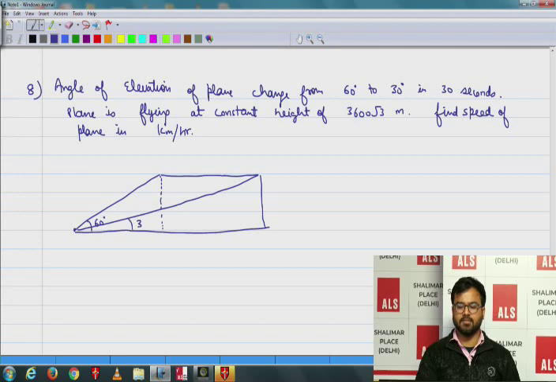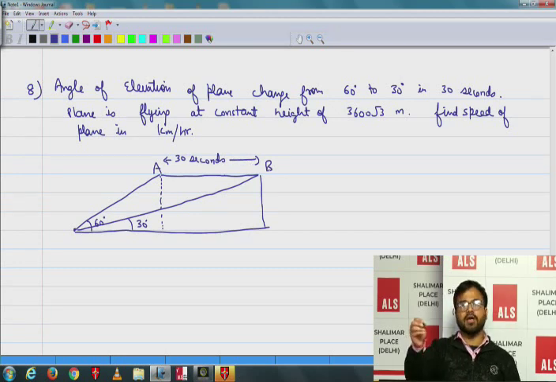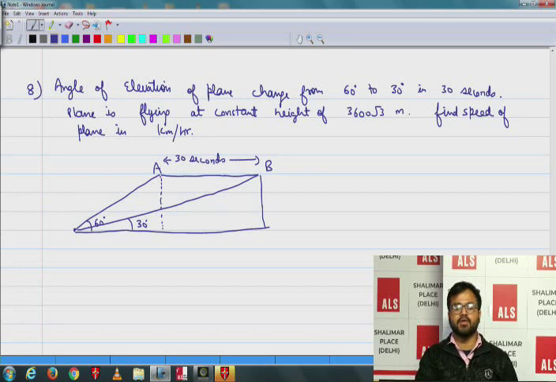So this angle becomes 30 degree, and the duration for this change in the angle of elevation was only 30 seconds. So initially the plane was at A, then it moves to point B in 30 seconds, and due to that the angle of inclination changes from 60 to 30 degree.